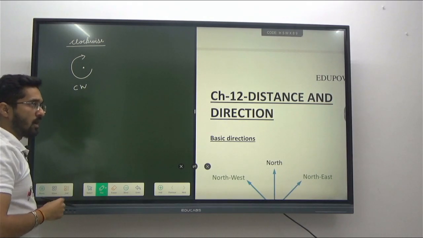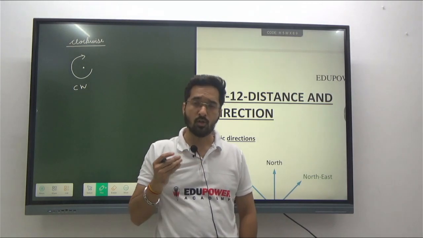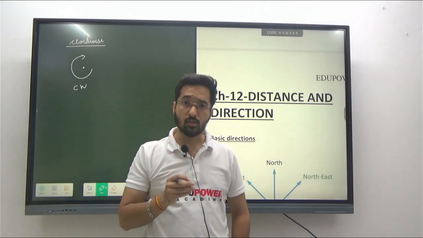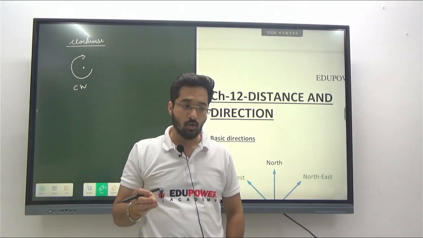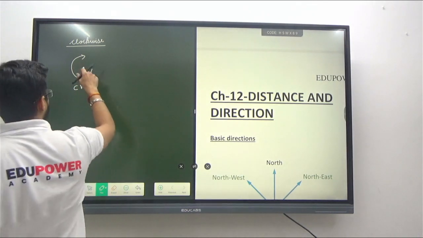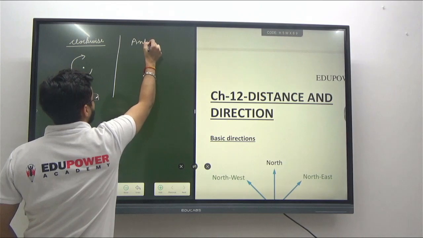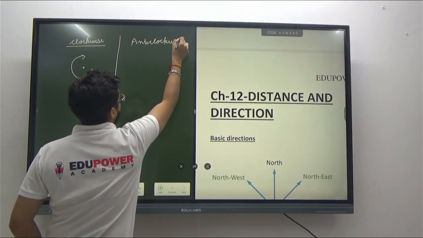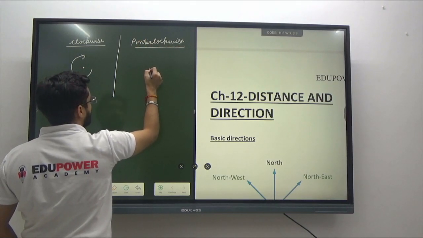I am starting with the basics, and then we will move on to the difficult level questions. At the end of this video I will be discussing previous year actual IPM Rohtak and Ranchi questions. So this is clockwise rotation, then we have anti-clockwise rotation.